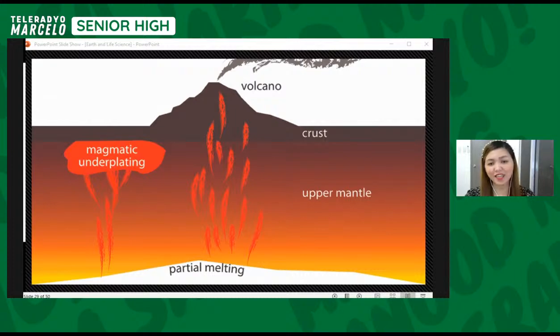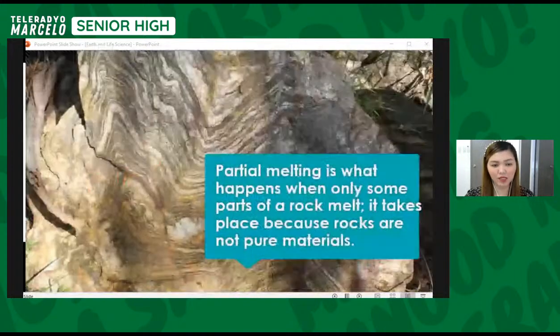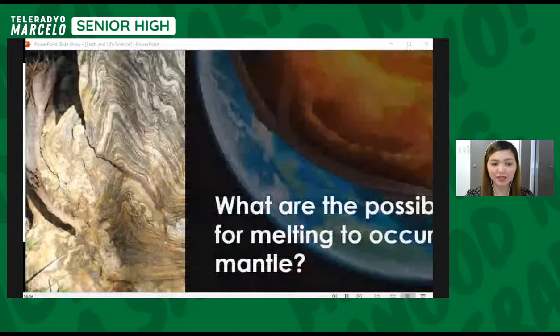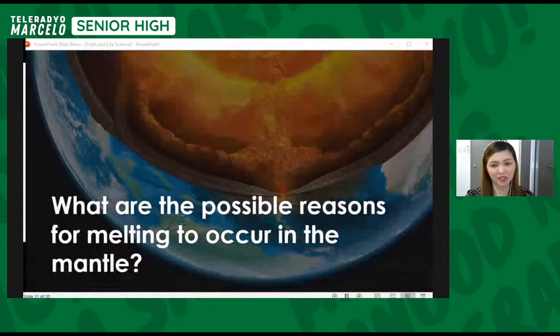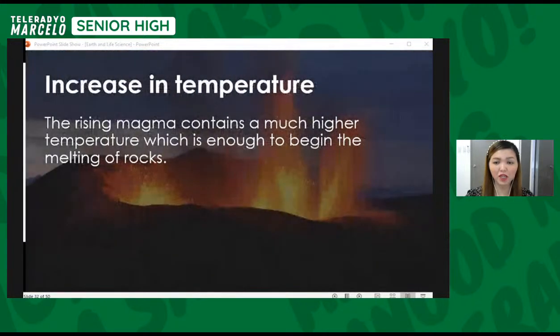Okay, there are three possible causes for melting to occur in the mantle. Number one, or the first one, is the increase in temperature. Remember how convection moves magma heated at the lower portion of the mantle towards the upper portion of the mantle?